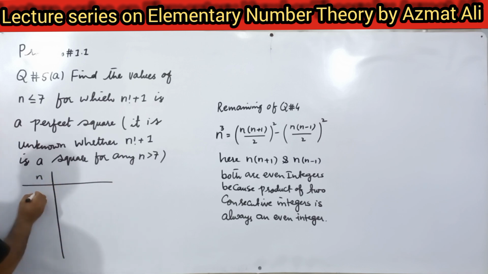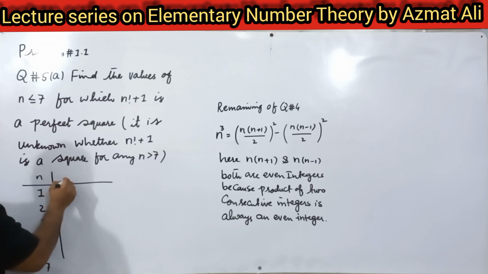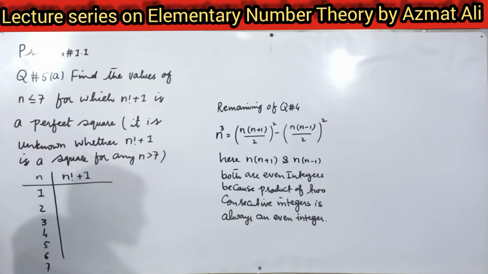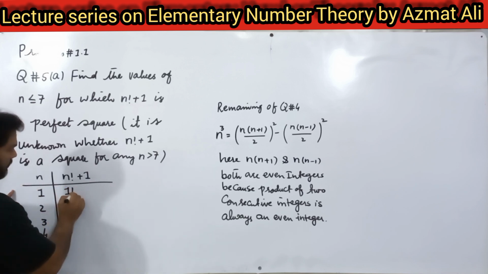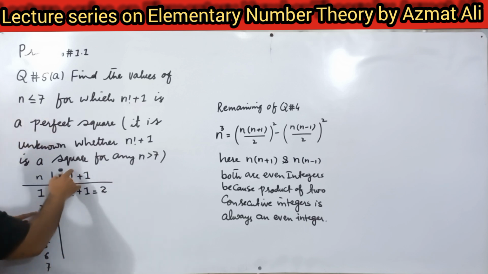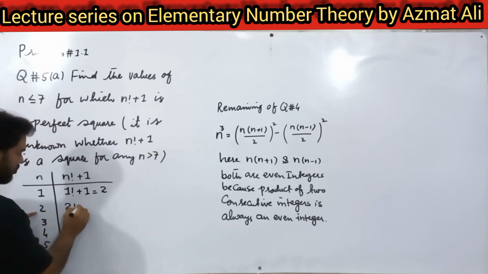Make a table here and take values of n from 1 to 7, and this is your formula n factorial plus 1. When you put n equal to 1 in this formula, we have 1 factorial plus 1, that is simply equal to 2. When you put 2, this becomes 2 factorial plus 1, this is equal to 3.